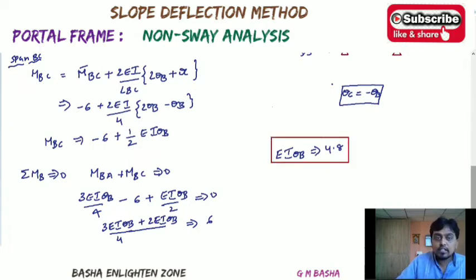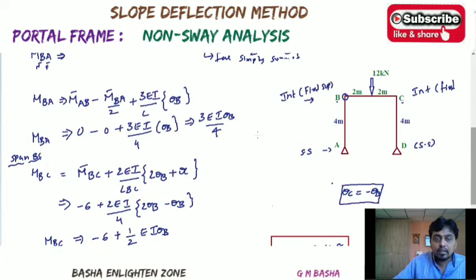So after obtaining this value, what you have to do is substitute EI theta B in the above equation, here 3 by 4 into 4.8. It will be 3.6, which is in positive terms.